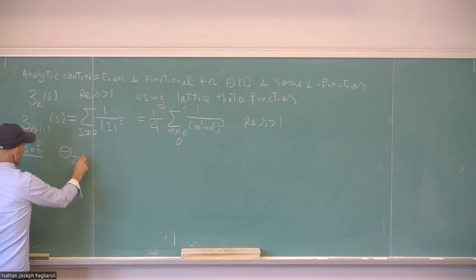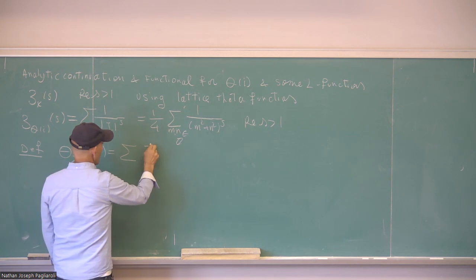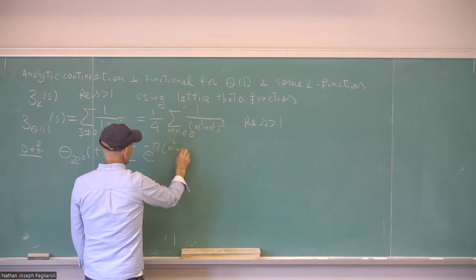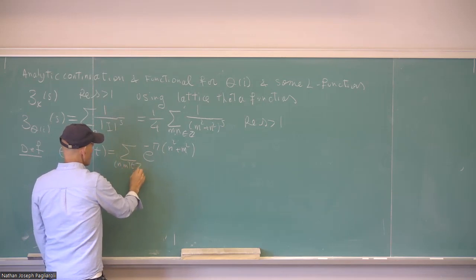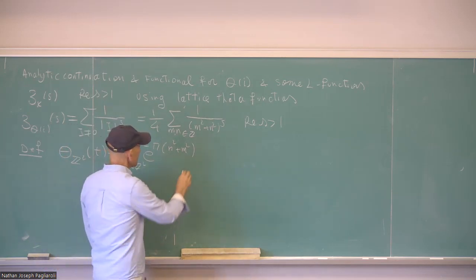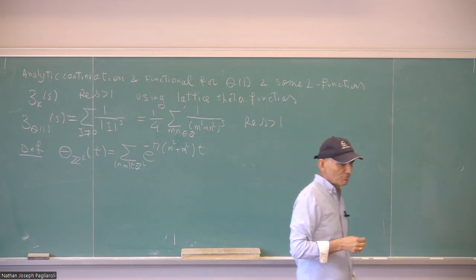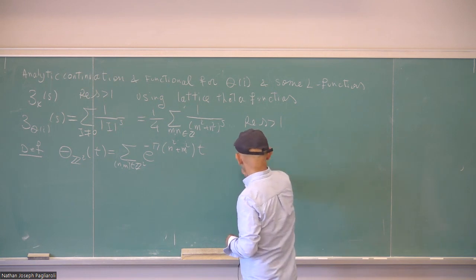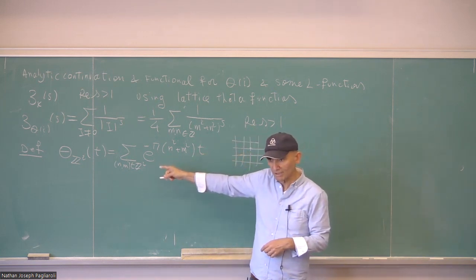Theta of Z^2 at t is defined to be the sum of exponential of minus pi (n squared plus m squared), where n and m belong to Z, times t. That's the analog of the theta function for this two-dimensional integer lattice. Every point on the integer lattice contributes a term to the theta function.